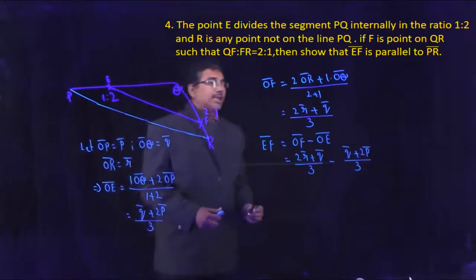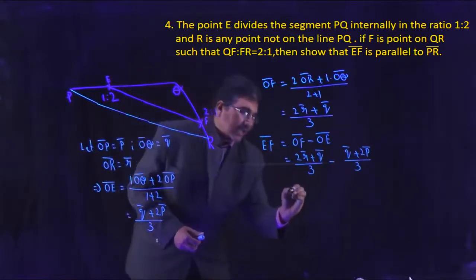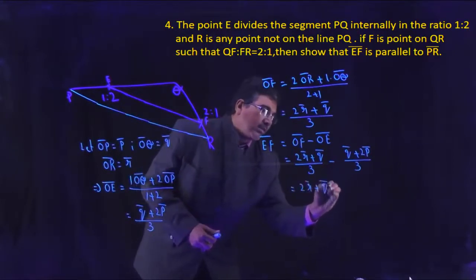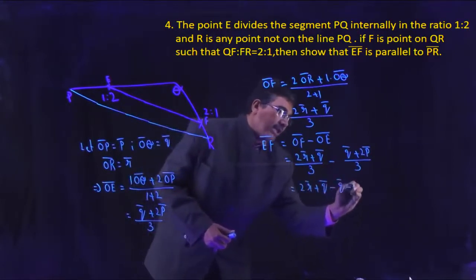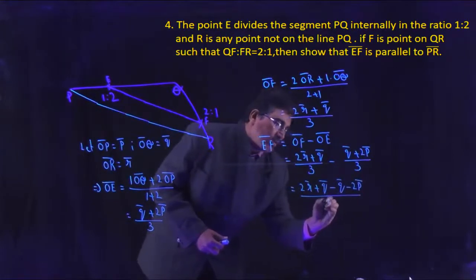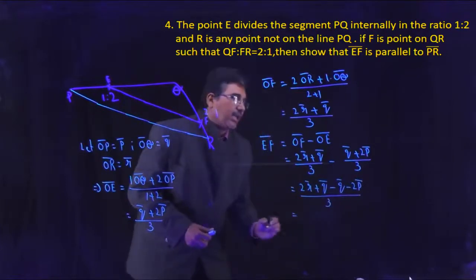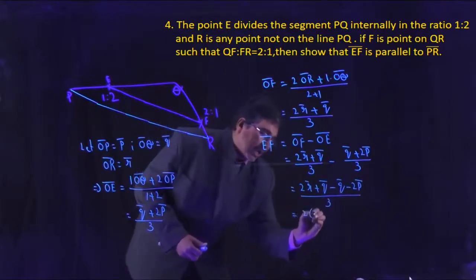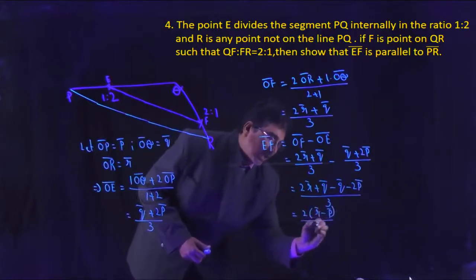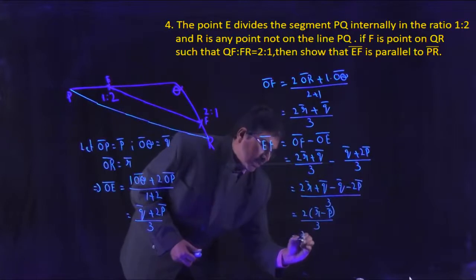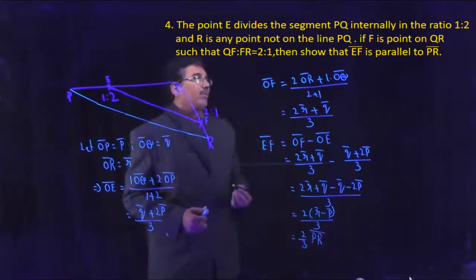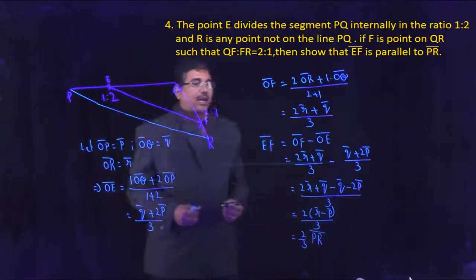By taking the LCM, we get 2r bar plus q bar minus q bar minus 2p bar, divided by 3. The q bar cancels, leaving 2 times r bar minus p bar by 3, that is 2 by 3 into PR bar, since r bar minus p bar is PR bar.